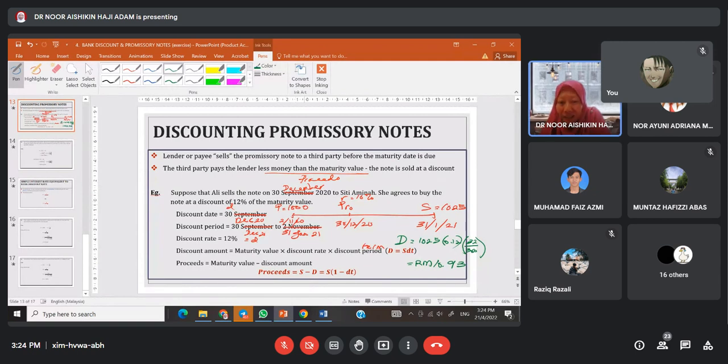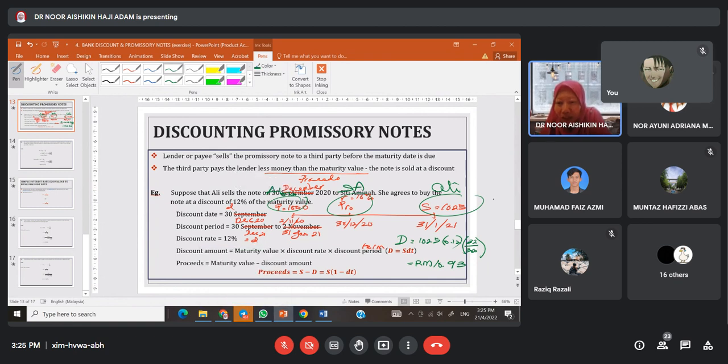Dia cerita dia kat sini Abu kan, dekat hujung kiri ni Abu kan. Ni Abu. Kat sini sepatutnya Ali. Ali patut dapat 1025 from Abu kan. Tapi dia pergi pada Siti Aminah. Siti Aminah bagi dia proceeds kat sini.